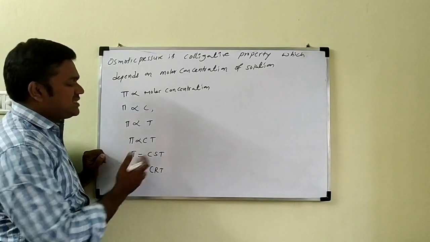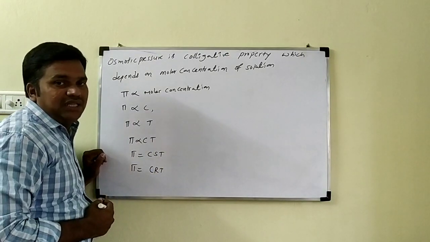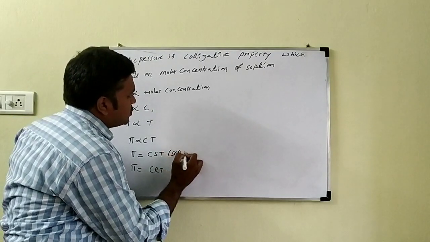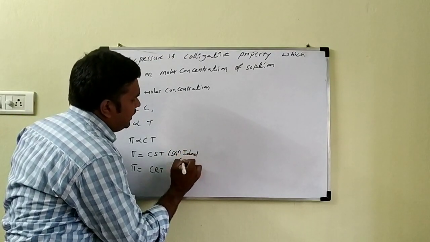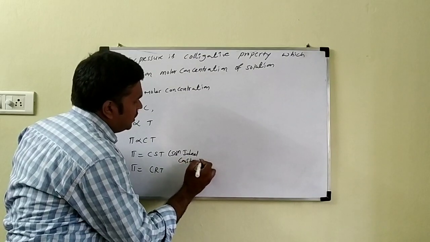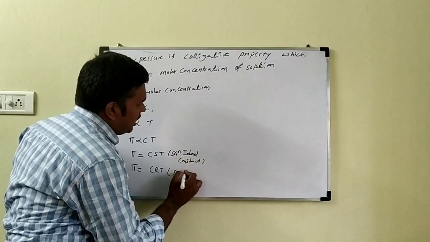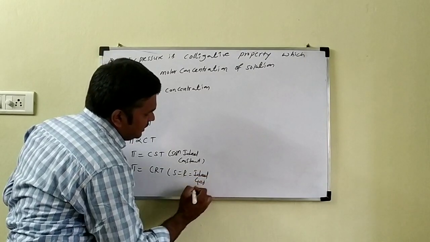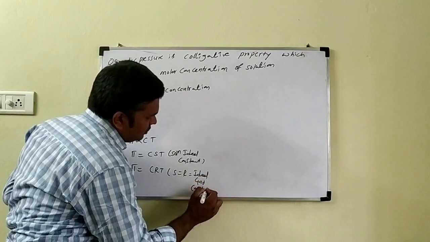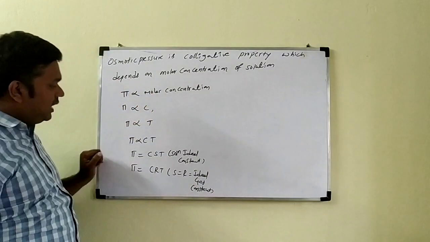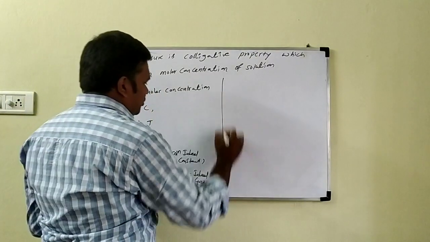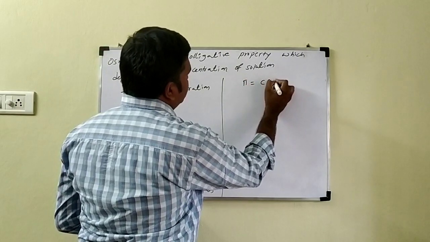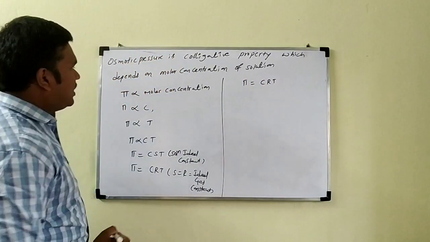What is S here? S is a proportionality constant, we can say the solution ideal constant. Now S is replaced by R. What is R here? R is the ideal gas constant. From this we write pi is equal to C into R into T. What is C here?